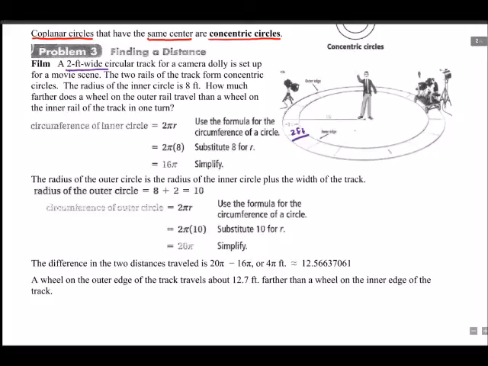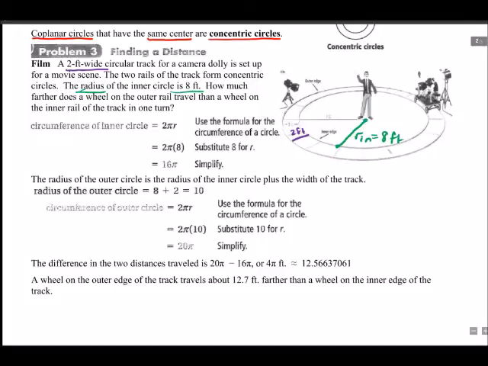The radius of the inner circle, so this guy right here, the radius of the inner circle is 8 feet. And how much farther does a wheel on the outer rail travel than a wheel on the inner rail?